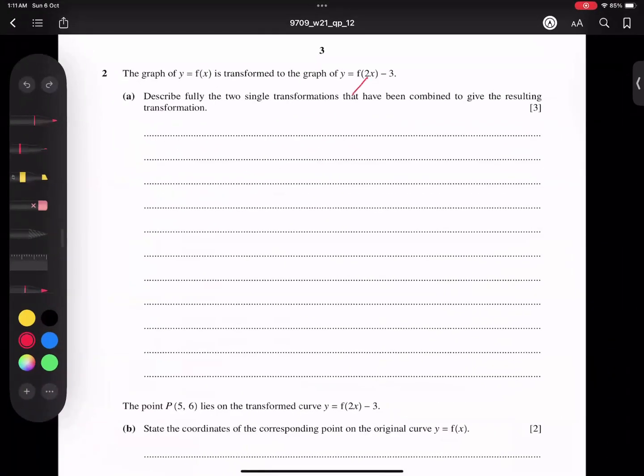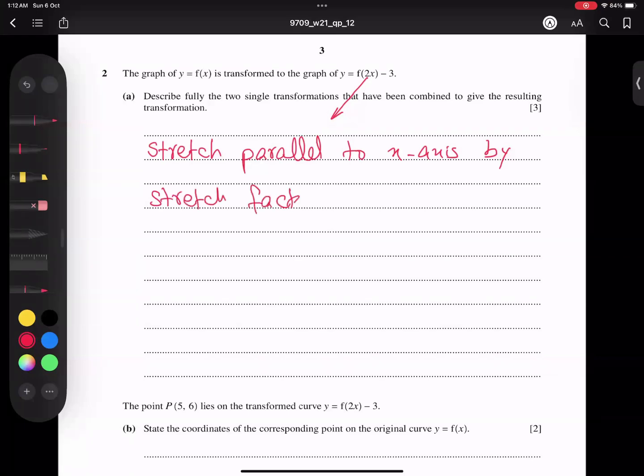This 2x represents, first of all, a stretch parallel to the x-axis by stretch factor one half. Because it is a reciprocal, we must write that. So this point is clear.